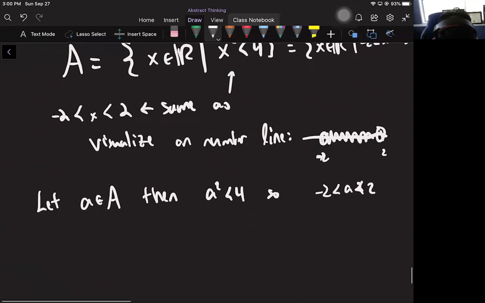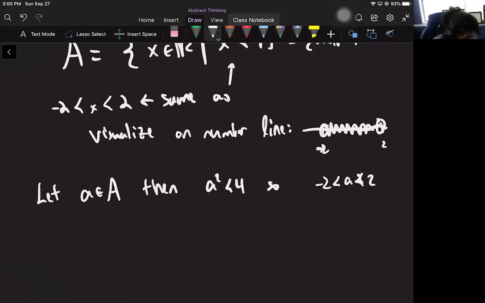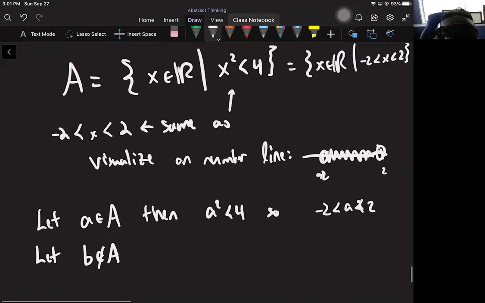so what else? So then we should also think about what happens if you have something that's not in the set. Let's use this specific example. So if something is not in the set, that means it does not fulfill the property.